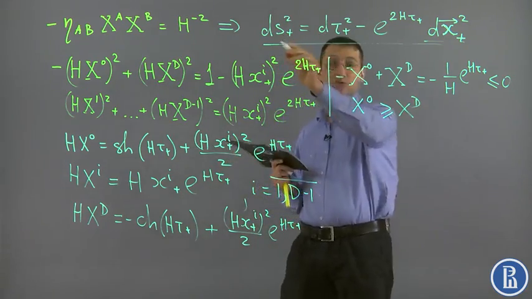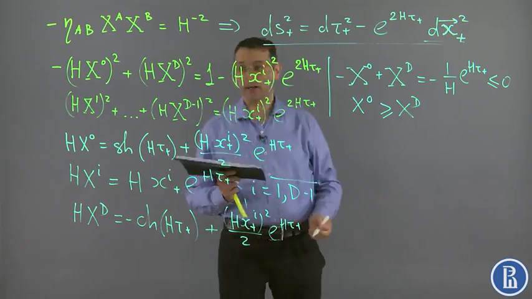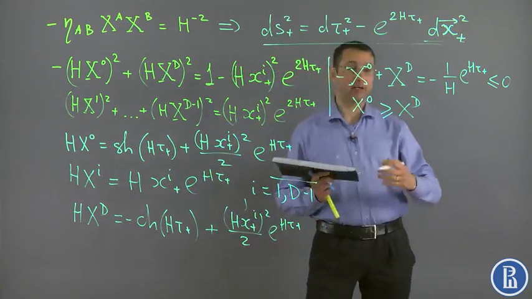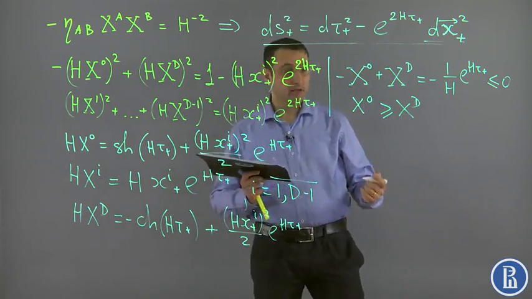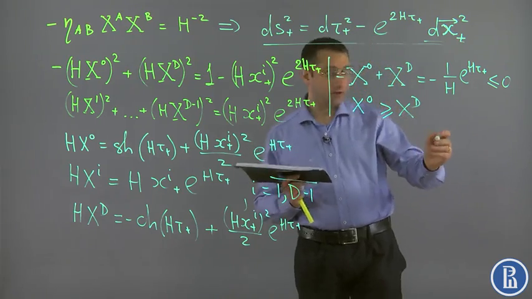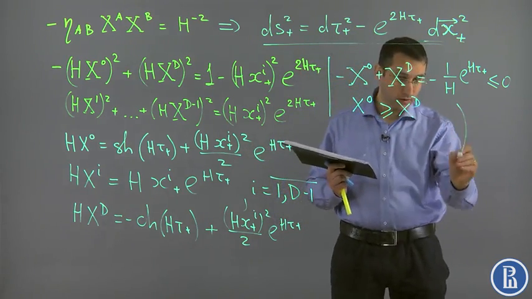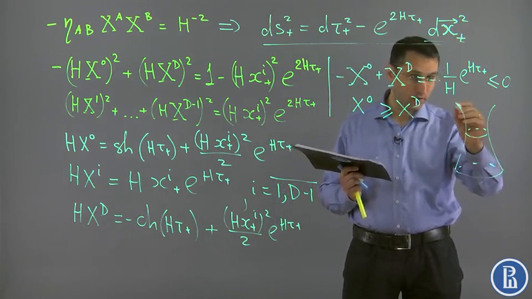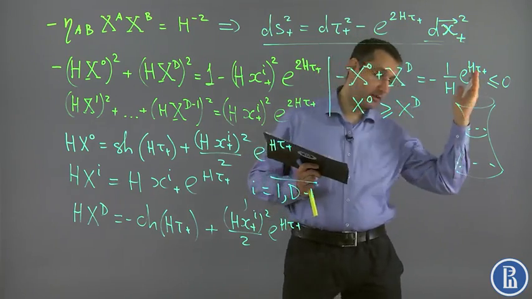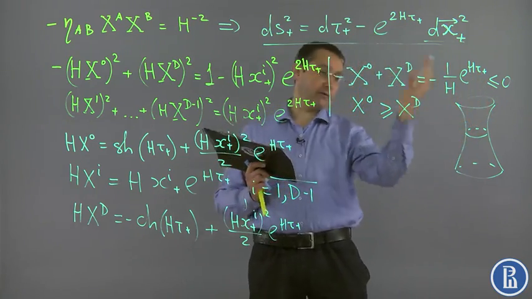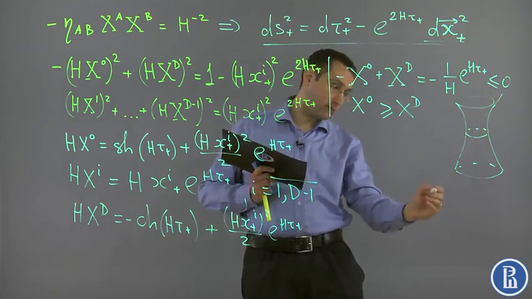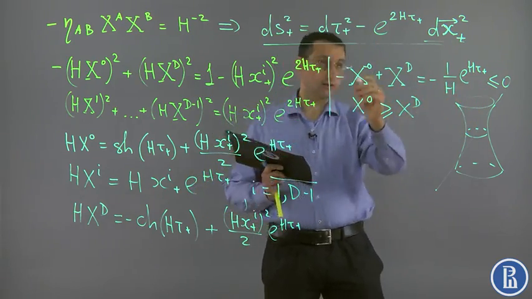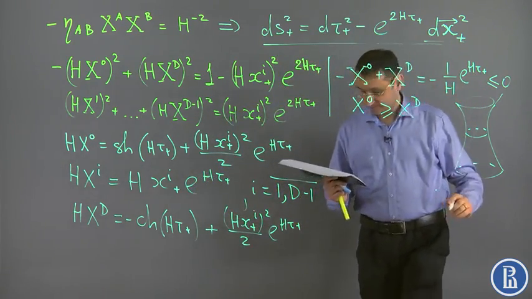So these coordinates do not cover the entire space, unlike the previous coordinates which we have been considering, called global coordinates, and they cover the entire de Sitter space, the entire hyperboloid. These coordinates cover only half of it. Like we have to cut it by a plane like this, and these coordinates cover only that half.